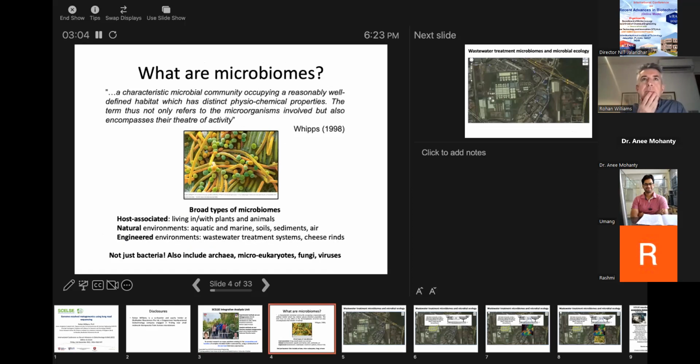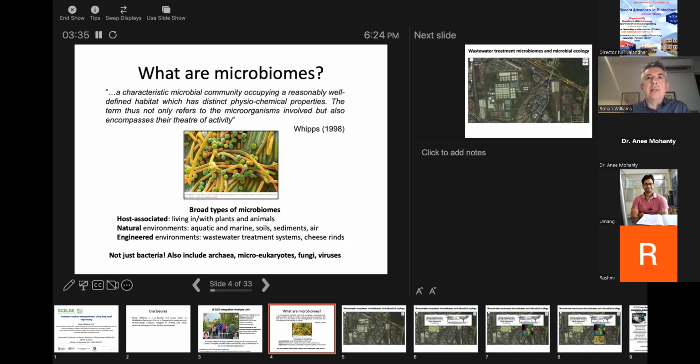I imagine most of you will know what a microbiome is, but for those that don't, it's really just a way of capturing the microbial species, so bacteria, archaea, viruses, some fungi, and microeukaryotes, that tend to live in fairly organized, fairly structured communities, and so they're interdependent on one another.